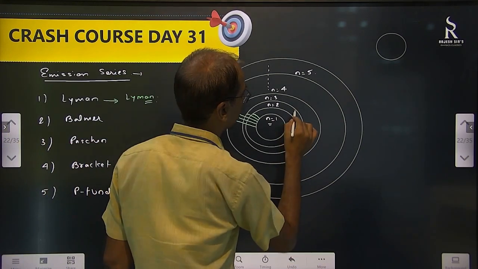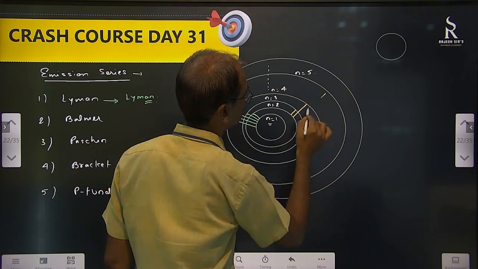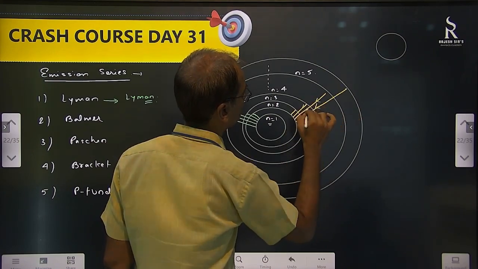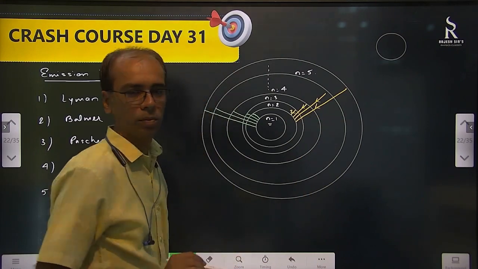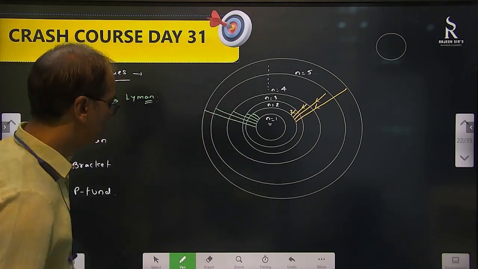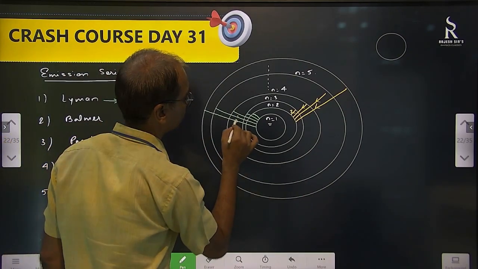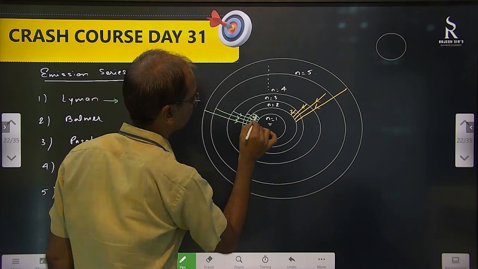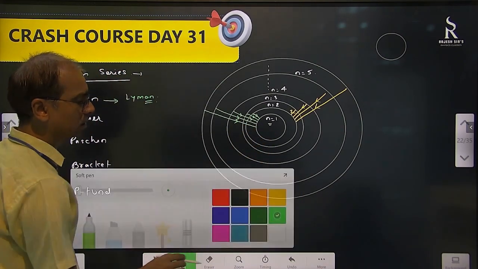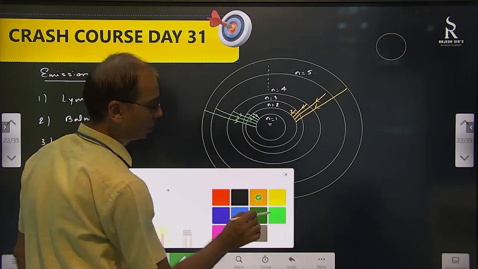Balmer means it is going to jump to n equal to 2. Now, how to get the energy and wavelength we all know; that's why I'm not repeating it, because we have discussed it. Then Paschen: it will be coming to n equal to 3.